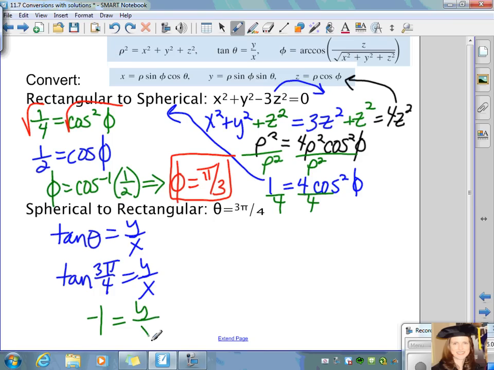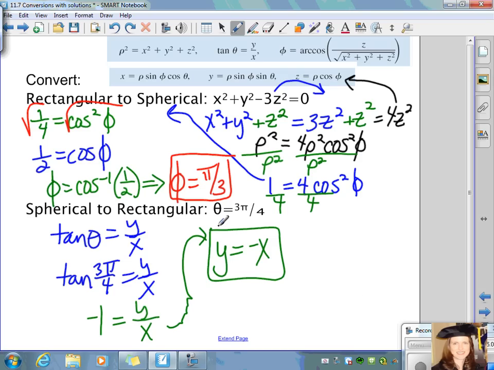So if negative 1 is equal to y over x, we can solve this equation for y, and we get y equals negative x. This is an equation of a plane in space. It's parallel to the z-axis.